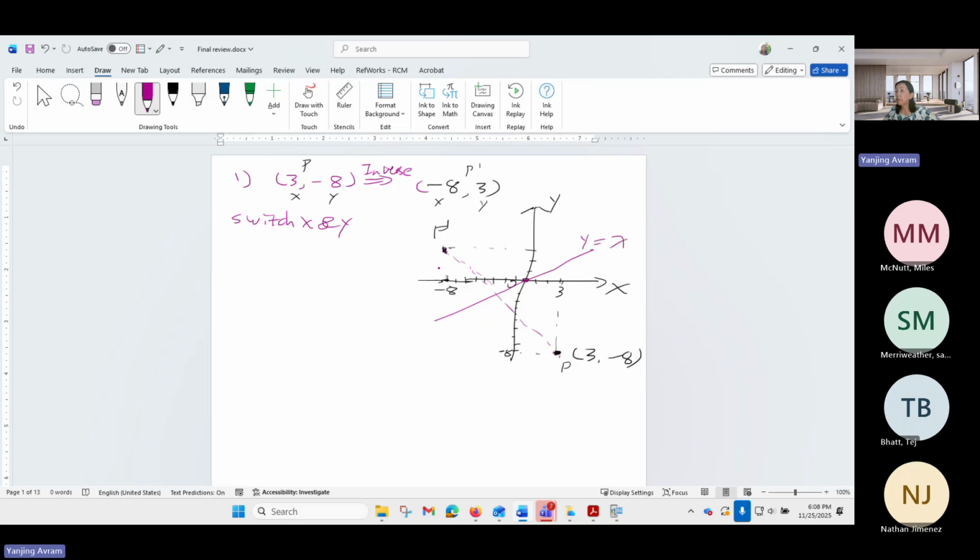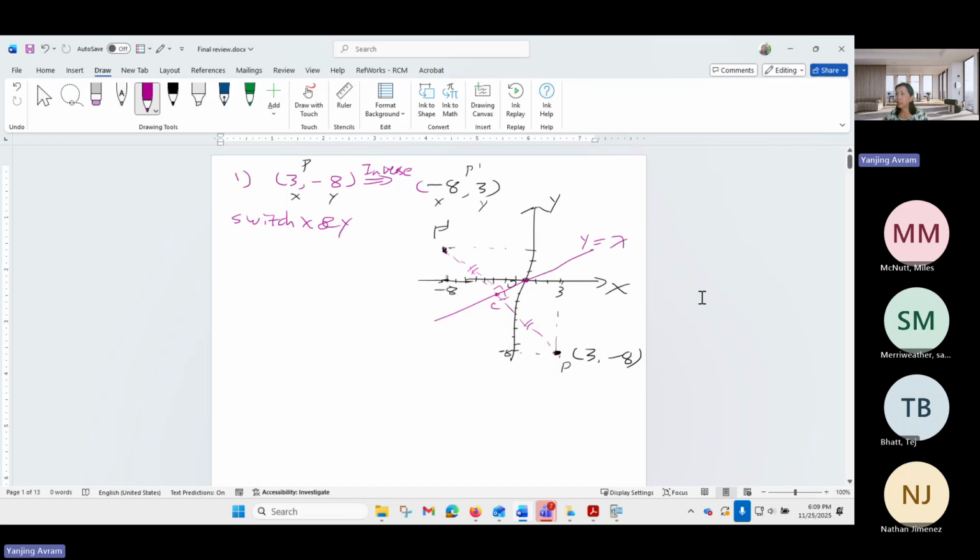The connecting segment will be perpendicular to this line. Call the intersection C. P prime C and PC will be exactly equal. What does that mean? It means the original point and the inverse point are symmetric along Y equal to X. So you have this kind of identity in here.